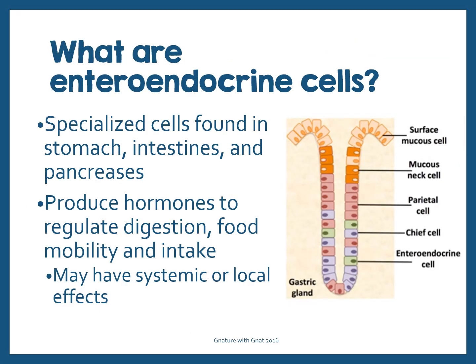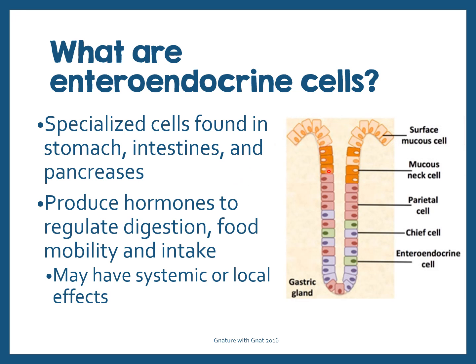And then we have another type of cell that is specialized in the stomach, the intestines, and in the pancreas, and they produce hormones. So if we orient ourselves, we have a gastric gland here, and we're looking at some surface cells. So these cells are mucus cells. These are the guys secreting mucus that's going to protect the lining, right?